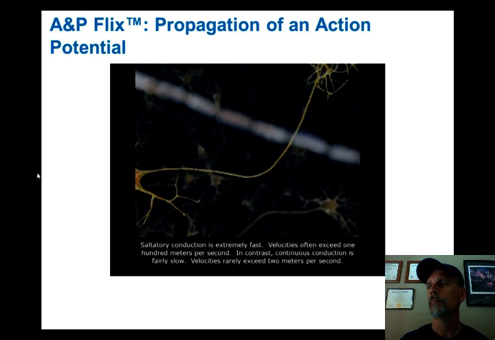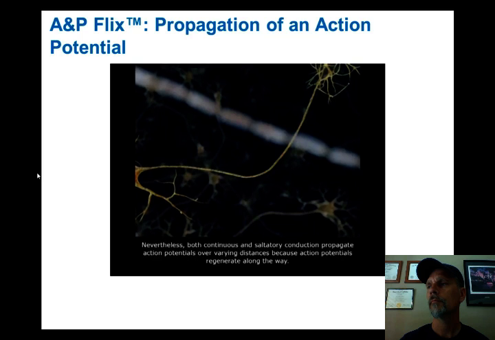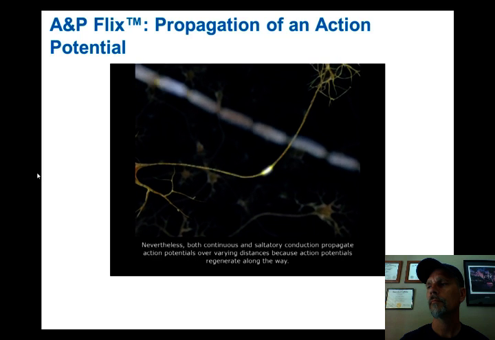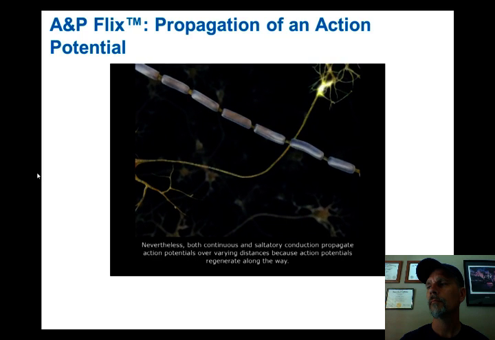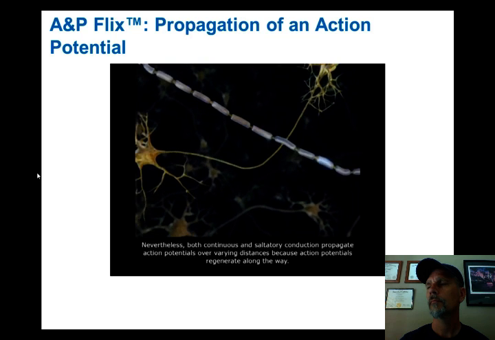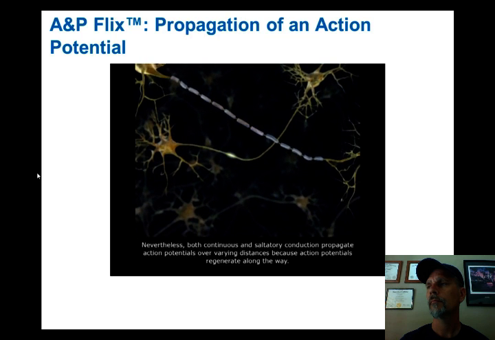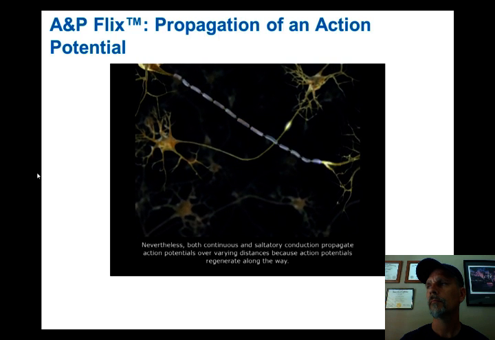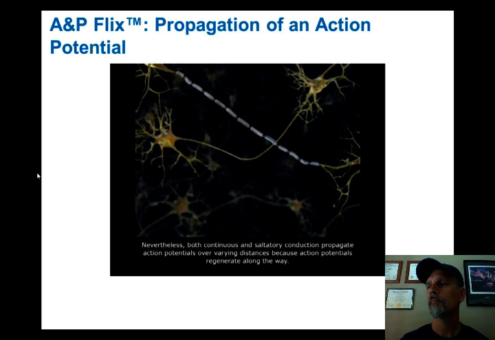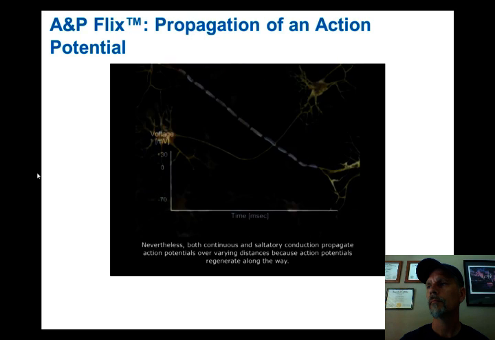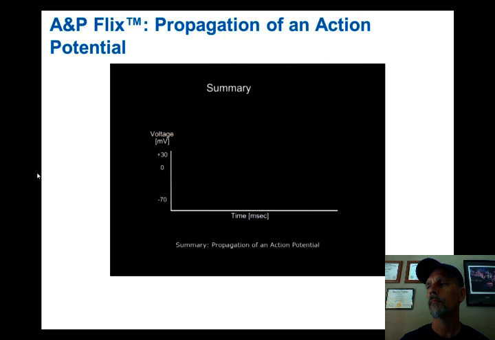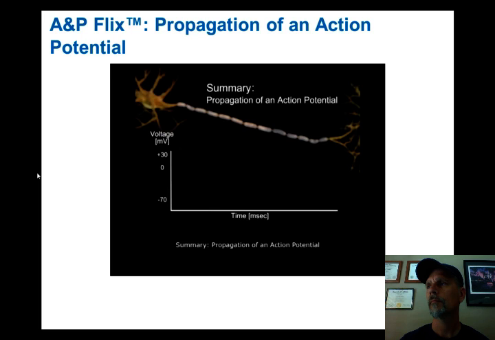Velocities rarely exceed 2 meters per second. Nevertheless, both continuous and saltatory conduction propagate action potentials over varying distances because action potentials regenerate along the way. Summary: propagation of an action potential. Once generated, the action potential propagates the entire length of the axon without decrement.